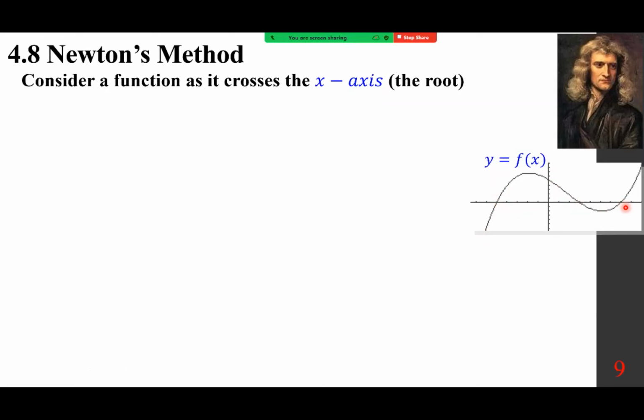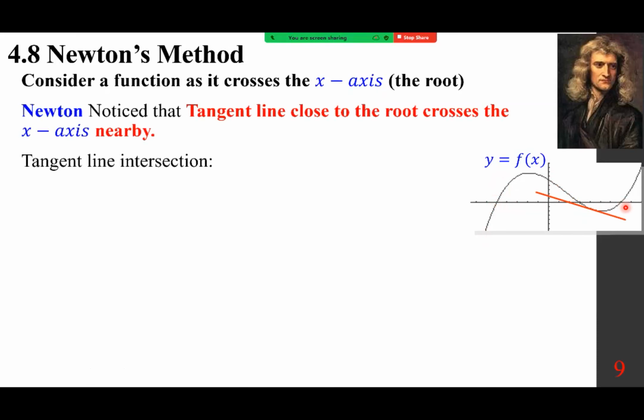So what do we do? Newton noticed that a tangent line close to the root crosses the x-axis nearby. So, for example, here, as you can see, this is the x-intercept for the tangent line. This is the root we are looking for.